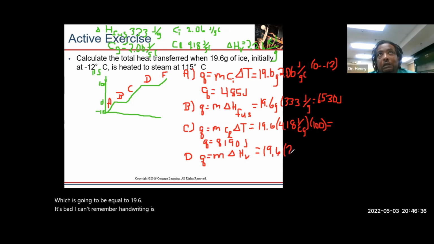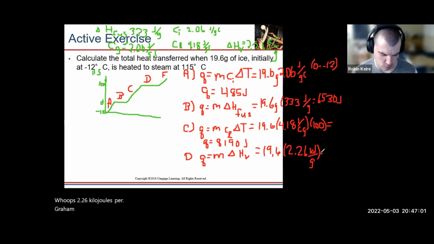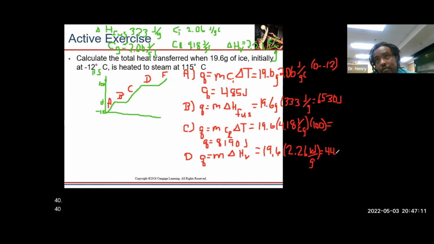Is that 2.26? Oops. 2.26 kilojoules per gram. Oh, so that would be, let's see, 44.3 kilojoules.